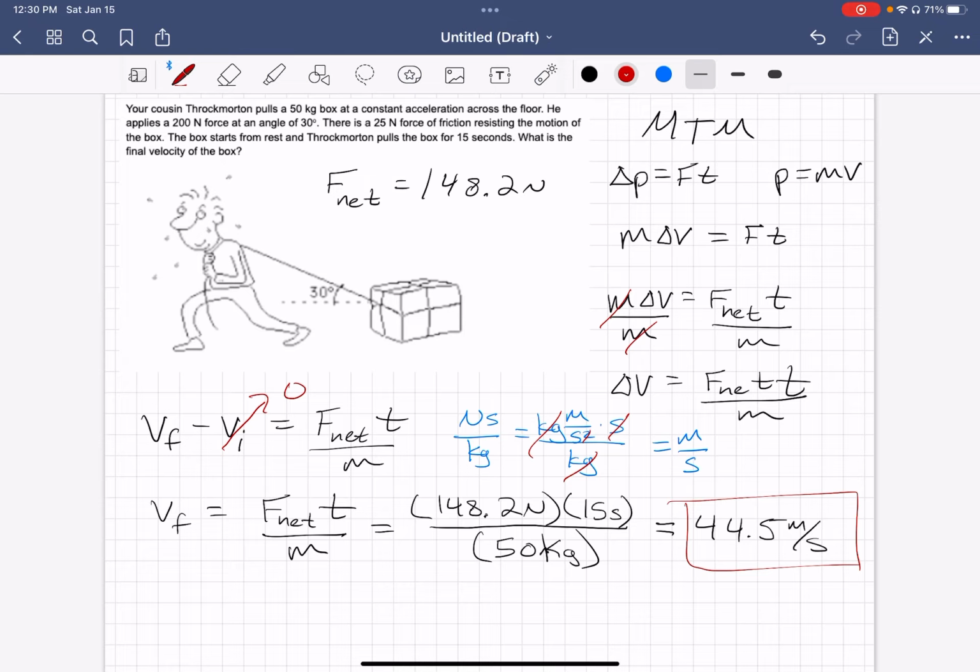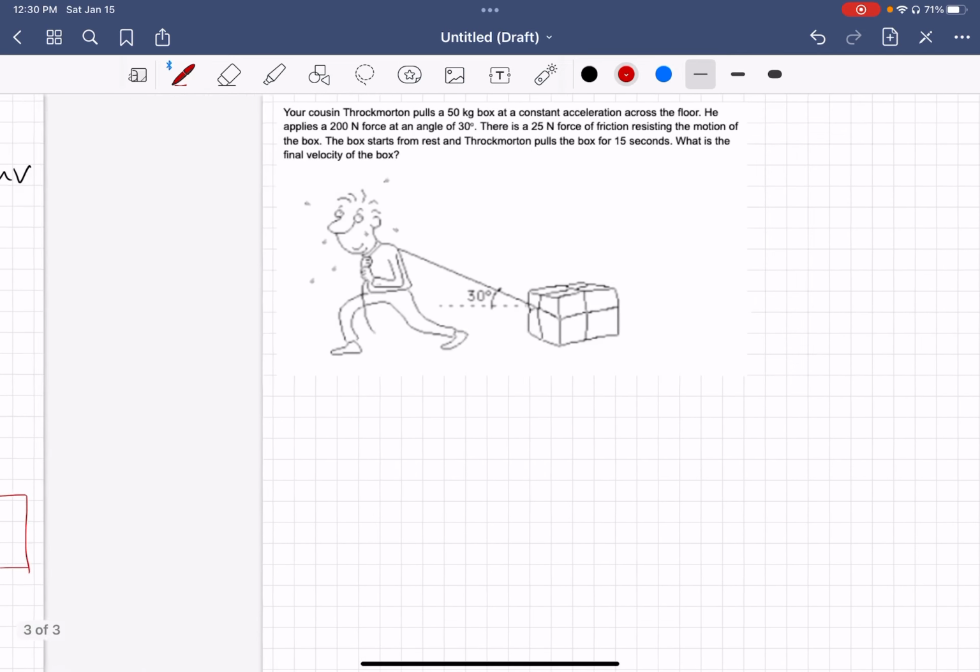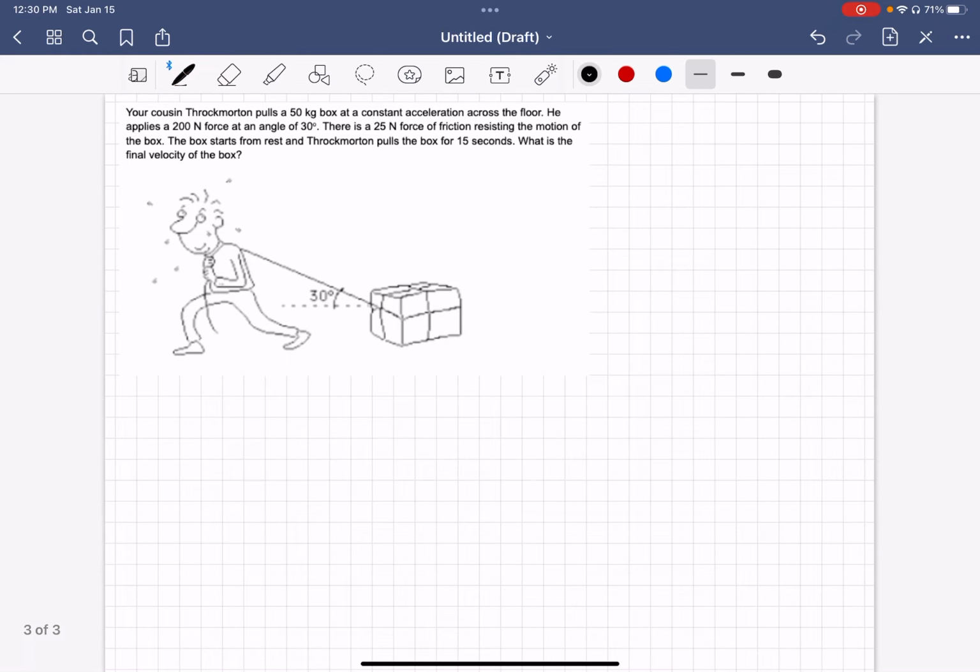Now, this is not the only way that we could take that net force and find the final velocity. So let's look at one other approach. This time, let's use the constant acceleration of a particle model. So there's a few pieces I'm going to need. Once again, I know that net force is 148.2 newtons at this point.